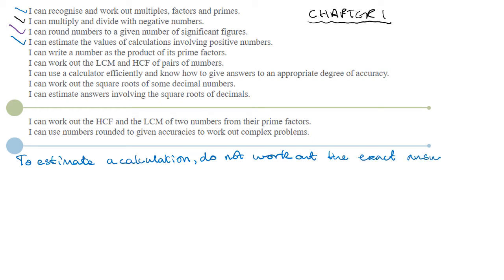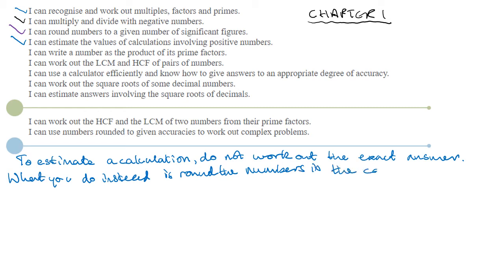Yeah, it's wasting time and you're likely not to get any marks. What you do instead is round the numbers in the calculation to one significant figure, and we've just done rounding to one significant figure.